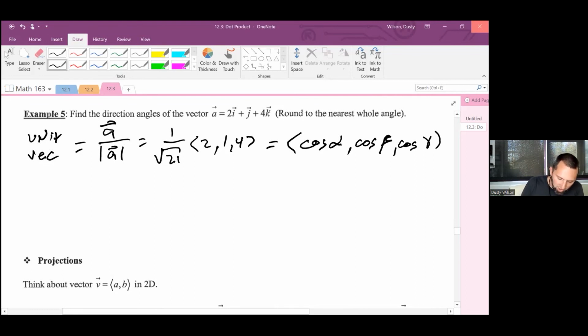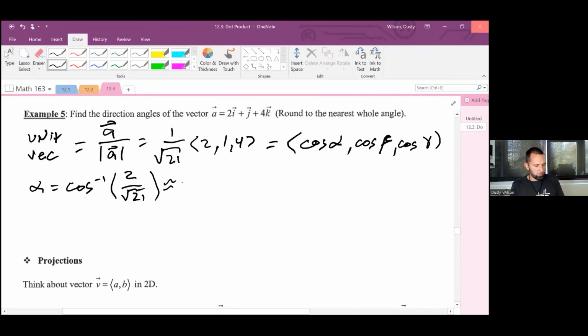And so my first direction angle alpha is going to equal the arc cosine of 2 over root 21, which is approximately what in radians? Arc cosine of 2 divided by square root of 21. Oh, I'm still in degrees. 1.12 radians. Okay.